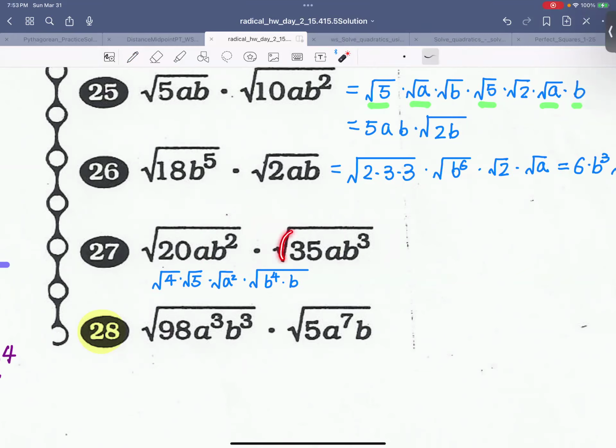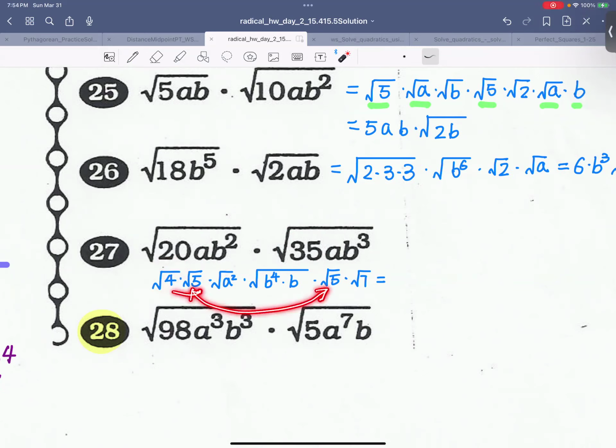And then 35. 5 and 7. You do square root 5, you do square root 7, right? Yeah. Go. This you can take who out? 4. No, square root 4 is 2. So you take 2. And this one you take who? 5.